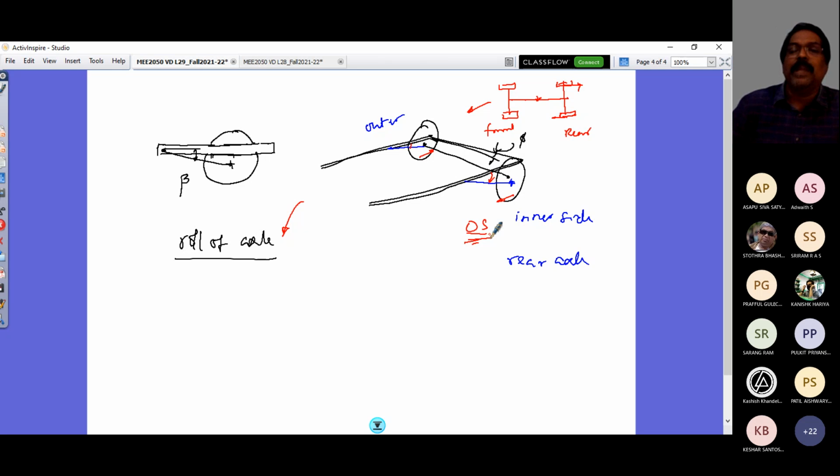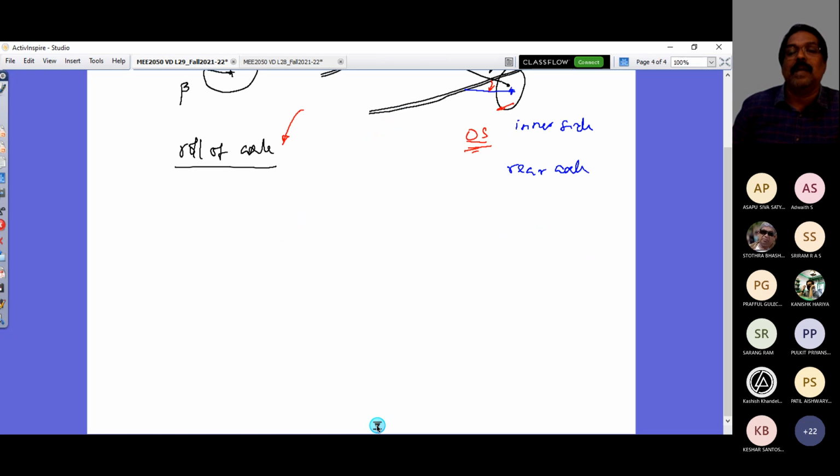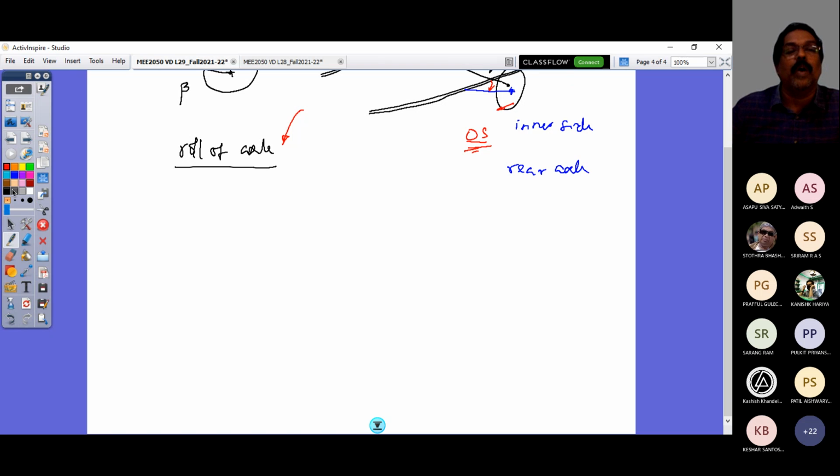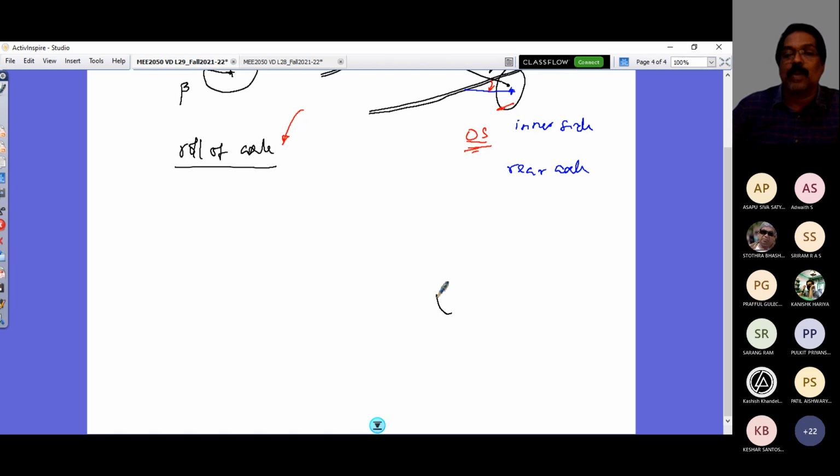Right. So how can I bring this oversteer effect into an understeer effect? That comes from the design of your trailing arm. You can have three arrangements of the trailing arm. So let's look at a wheel in particular. This is the wheel, and I have the rim and the hub.